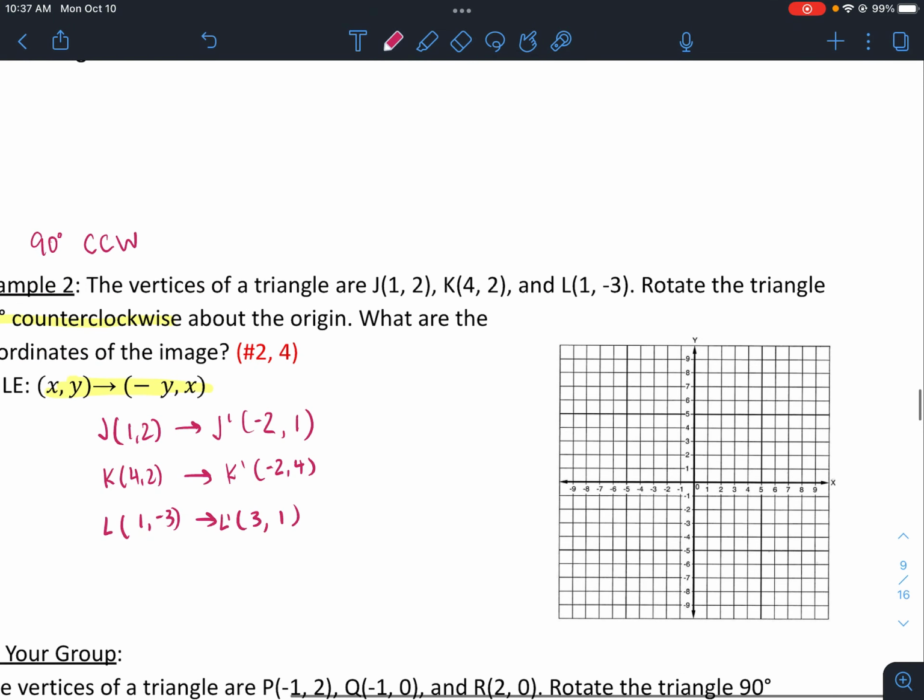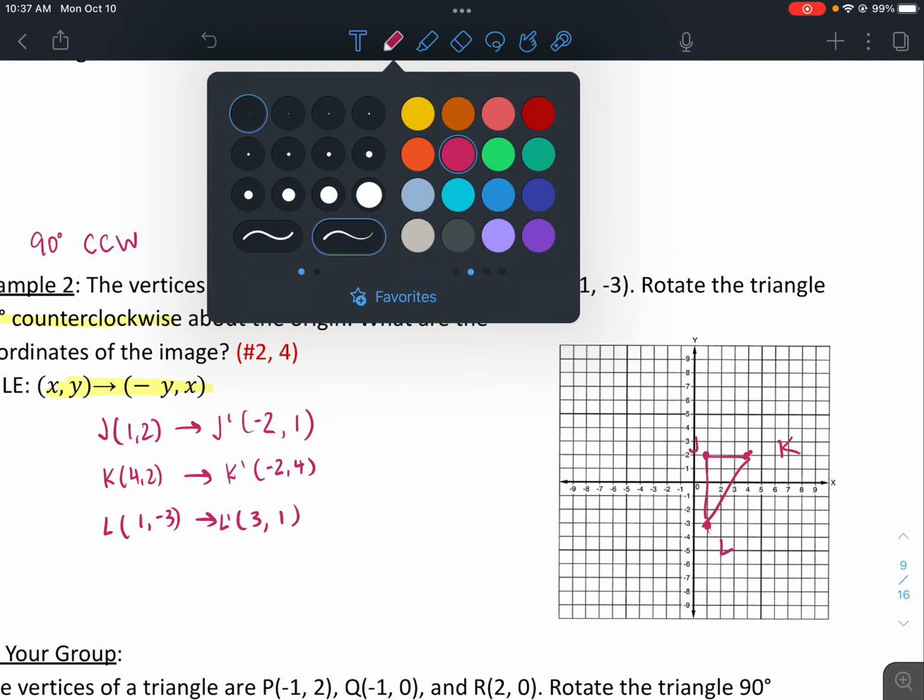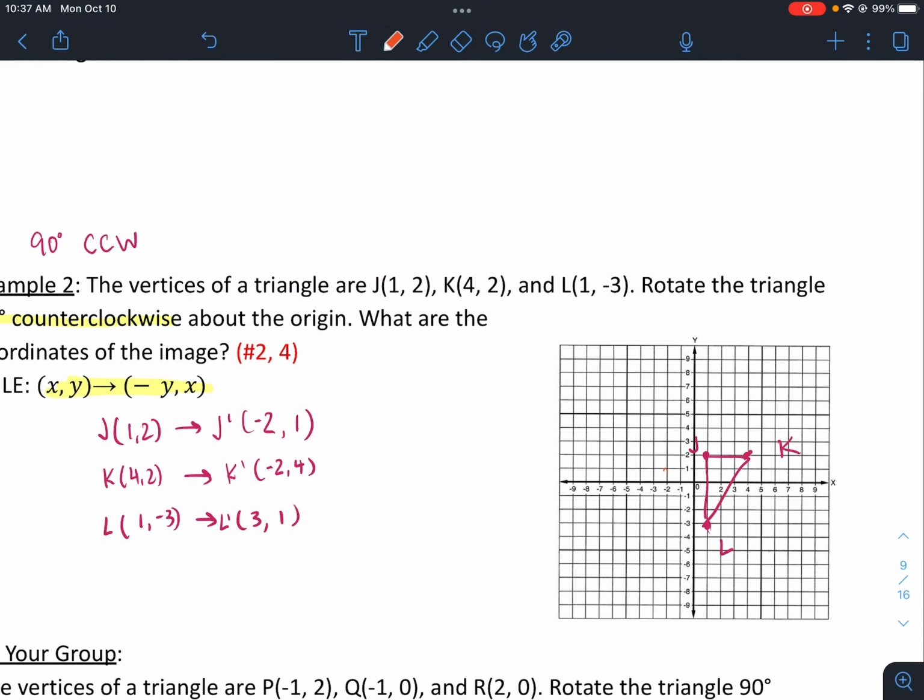Okay, so if I were to plot this image, 1, 2 is J. 4, 2 is K, and then 1, negative 3 is L, right here. So here is my triangle, and then I'll do its image in orange. Negative 2, 1 is J prime.